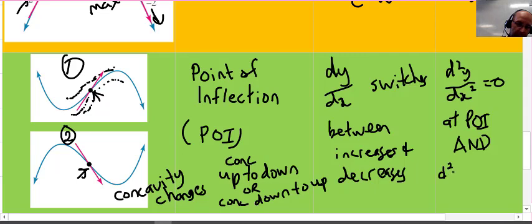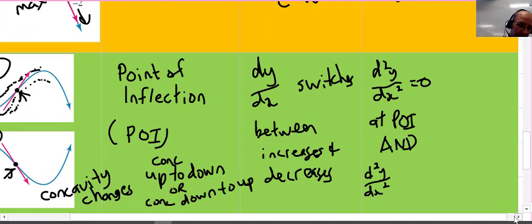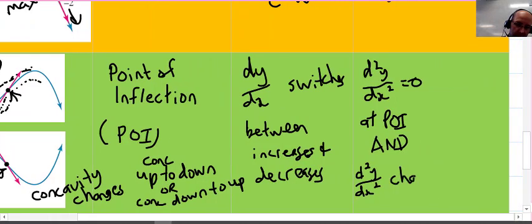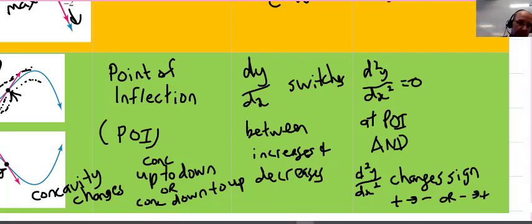The second derivative changes its sign. It could be from positive to negative or negative to positive, either side of the point of inflection. It goes from increasing to 0 to decreasing, or decreasing to 0 to increasing. Notice the 'and' there, it must do both.